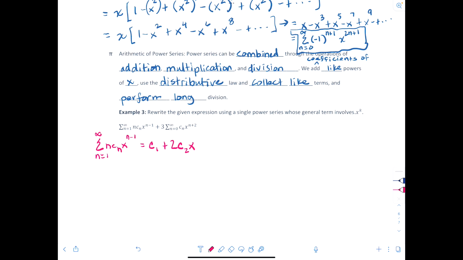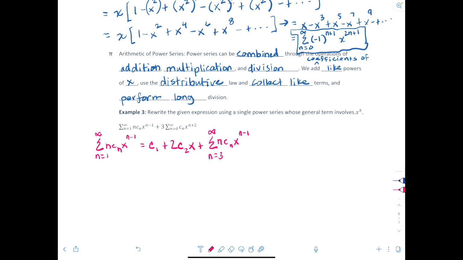And then my next term would be x squared, which is what I want. So now I'm going to write it as the summation, but now that summation is starting from 3 going on to infinity. Cool so far? And then it's the same thing, n times c sub n times x to the n minus 1. Now, I don't need to worry about that second one changing anything except for using a dummy variable to change the limits of summation so that they're both starting at the same thing.